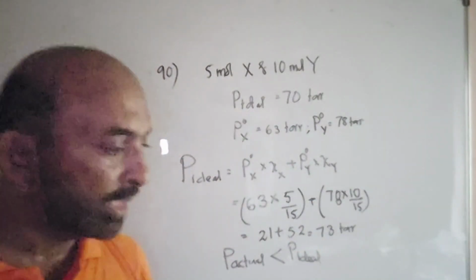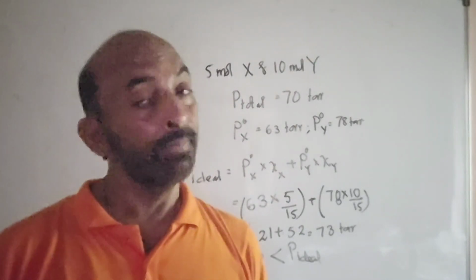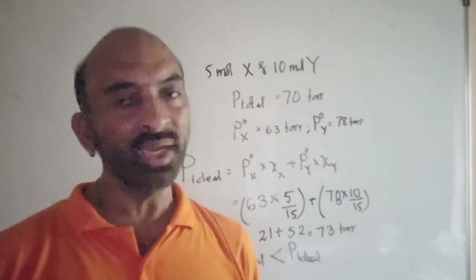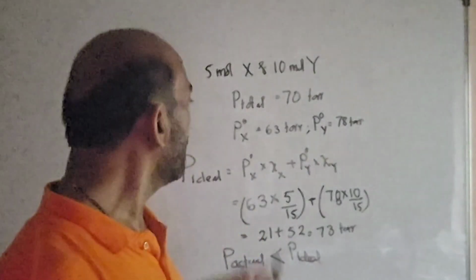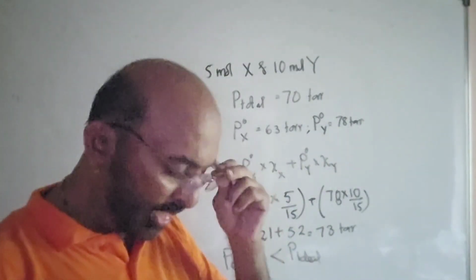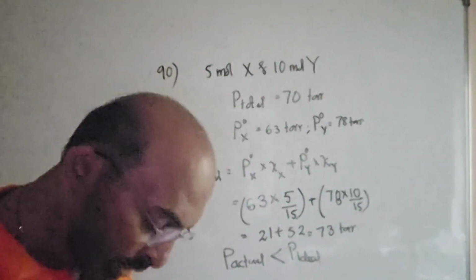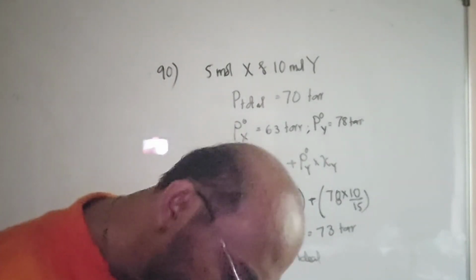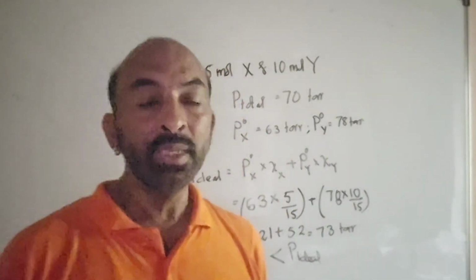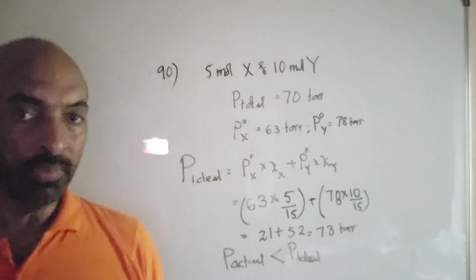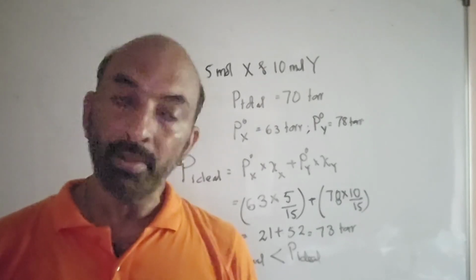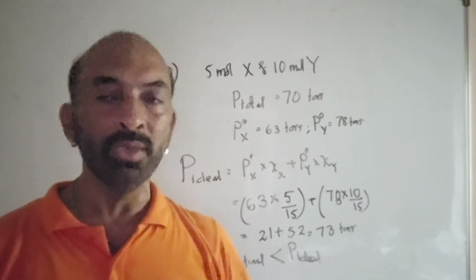That is, there is a decrease in the total pressure, which means the mixture is showing negative deviation. It is not ideal. If it were ideal, this pressure would also have been 73. So now we can answer which statement is true. The solution has a volume greater than the sum of individual volumes. No. If the solution were ideal, upon mixing 100 plus 200 gives 300.